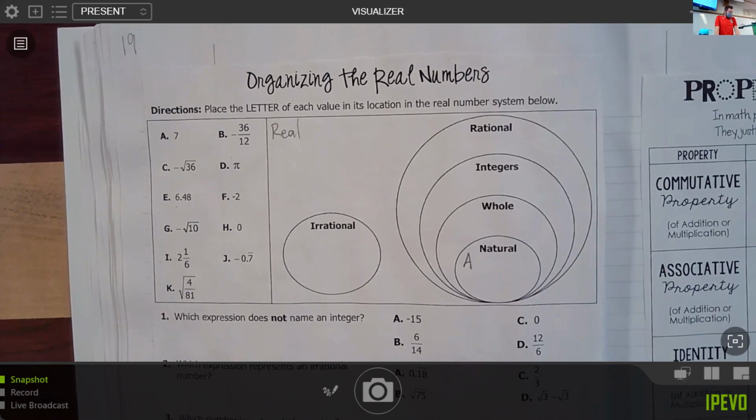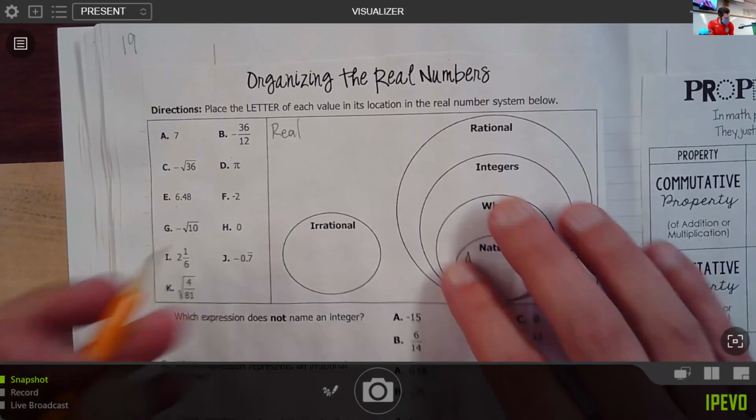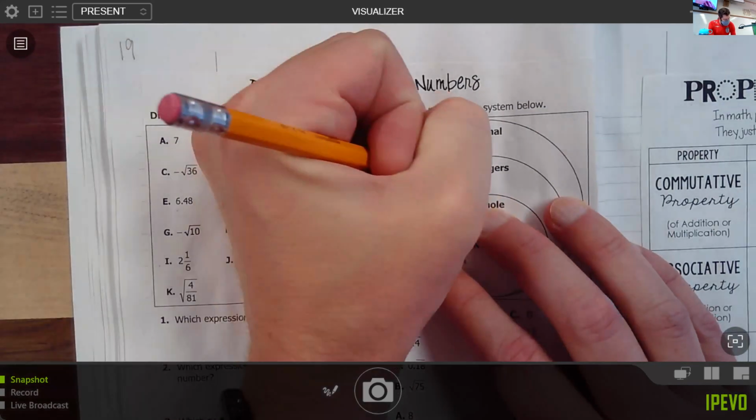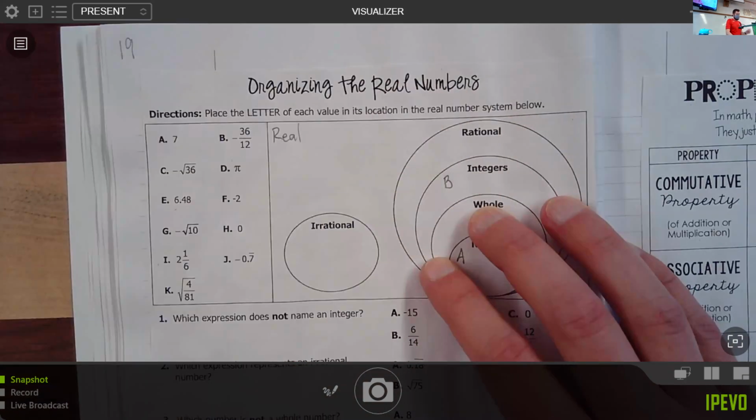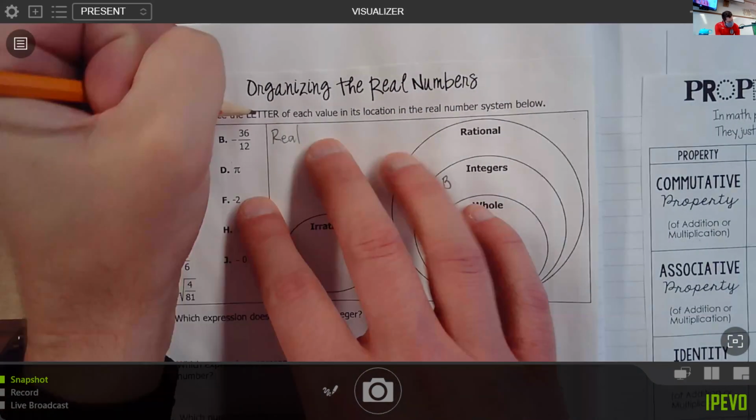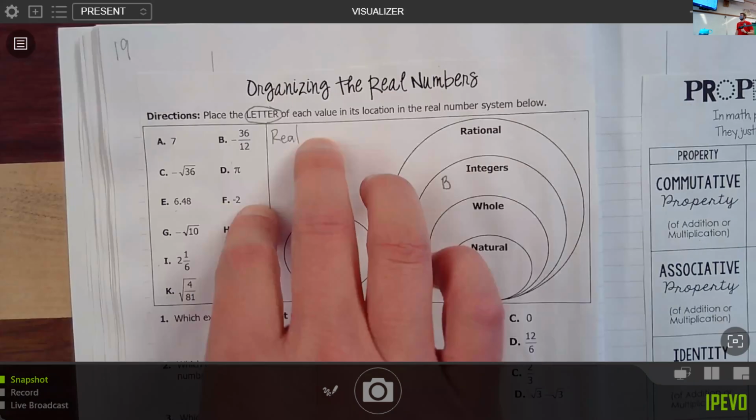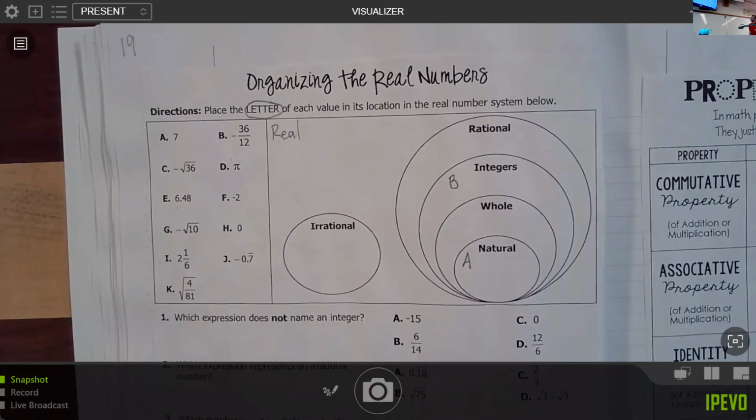How about B? What does negative 36 divided by 12 equal? Negative 3. Good. So negative 3 would make it a what? Integer, yeah. So we're going to put negative 36. Oh, no, we're not. We're going to put the letter B. Sorry. Place the letter. I'm going to circle that for myself so I can follow the directions. All right.